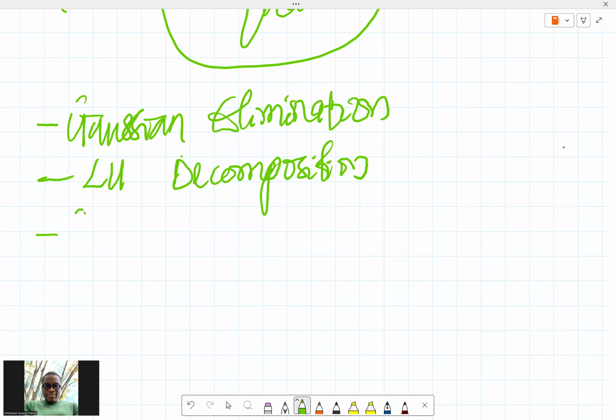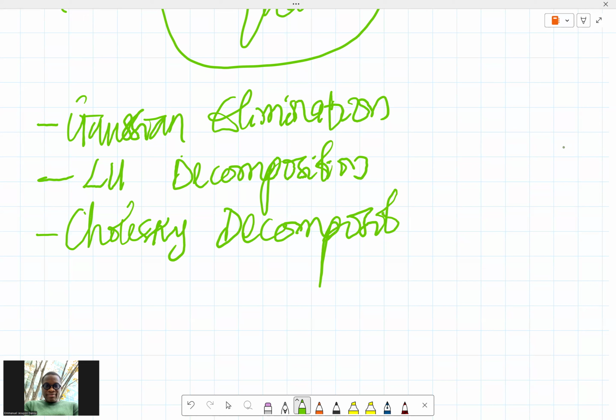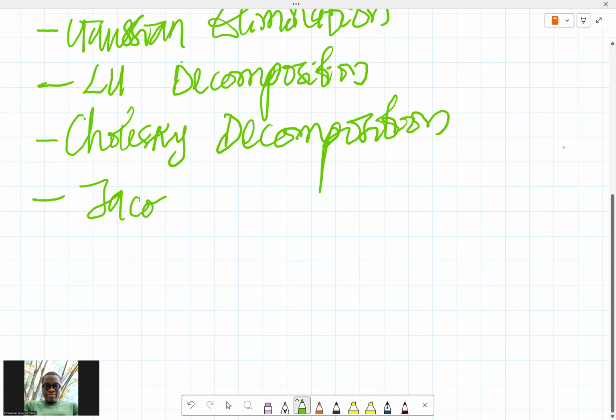Then we have the Cholesky decomposition. Then we also looked at the Jacobi method.